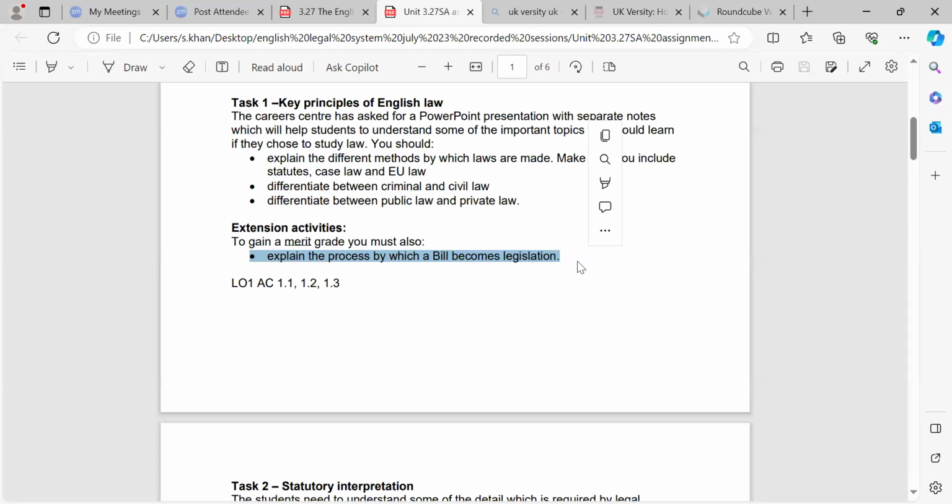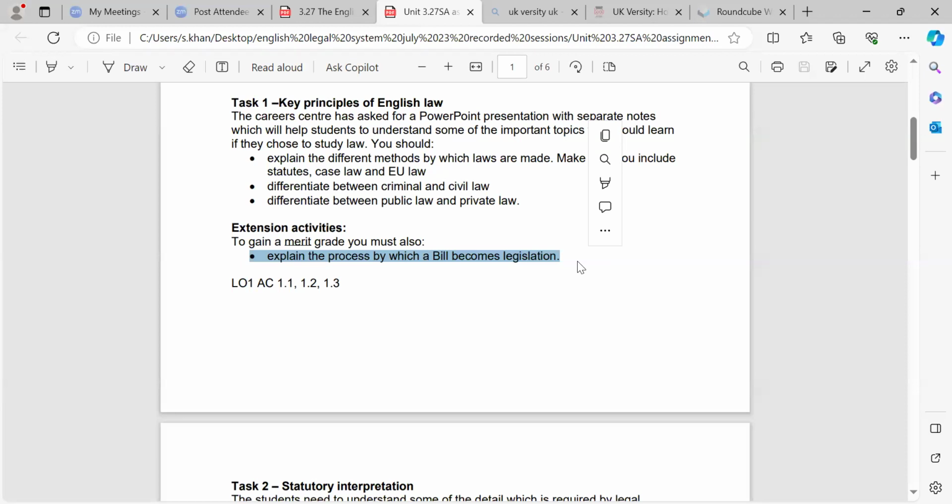That will be looking at the process that we talked about: the first reading, the second reading, the third reading, the committee stage, the report stage, in the House of Lords and House of Commons, and how it has to go through both houses before it becomes an Act of Parliament. The final stage is royal assent. So you need to be able to explain the process by which a bill becomes an Act of Parliament, and that would gain you a merit.